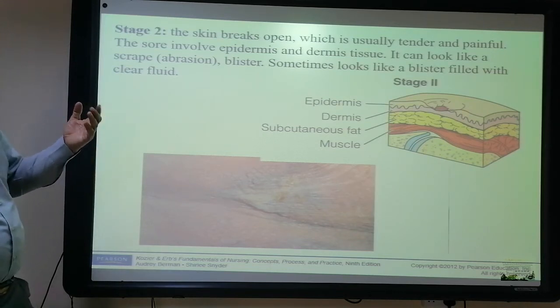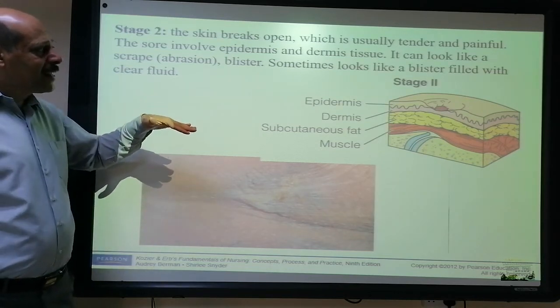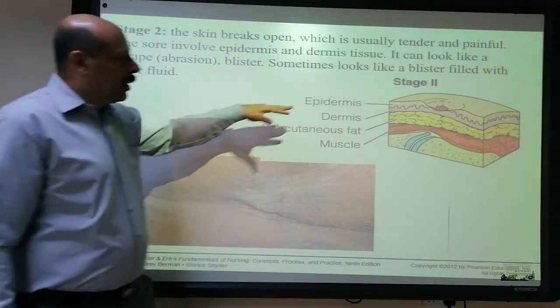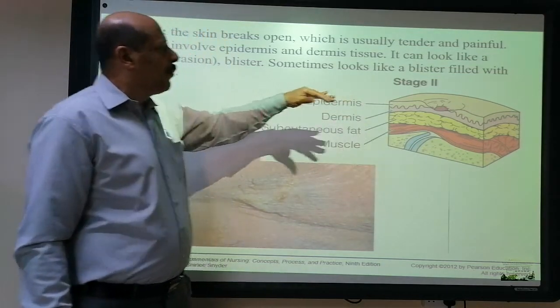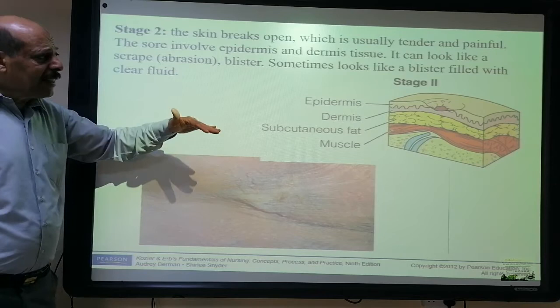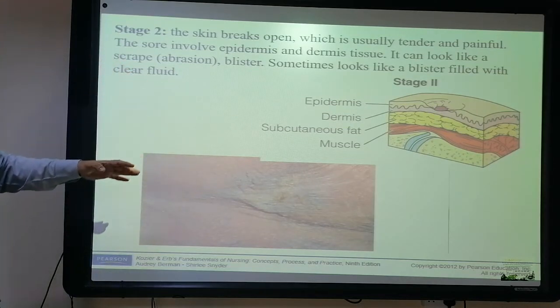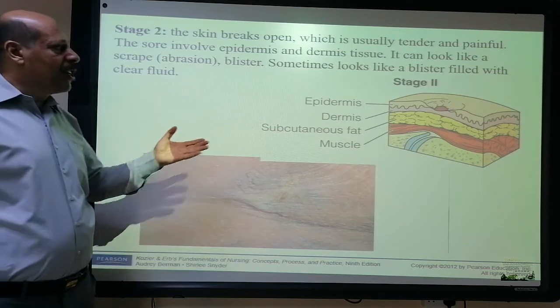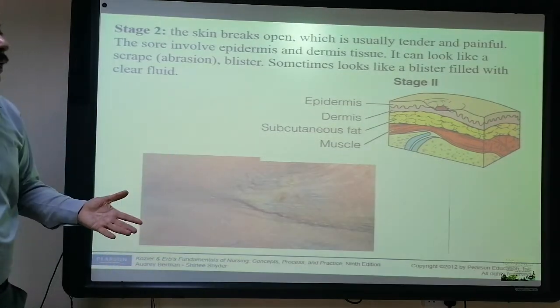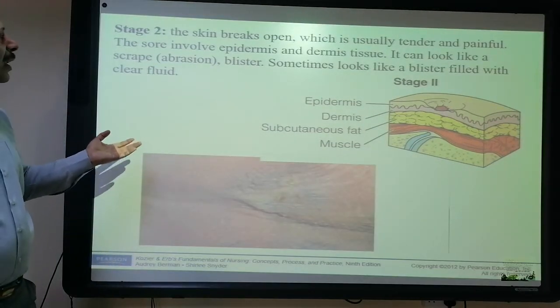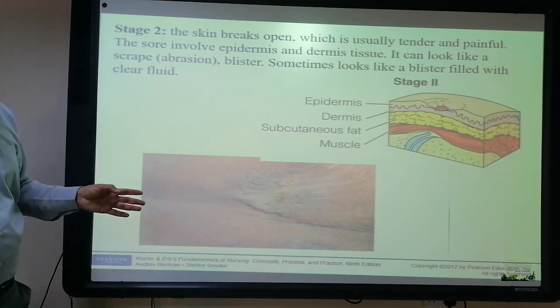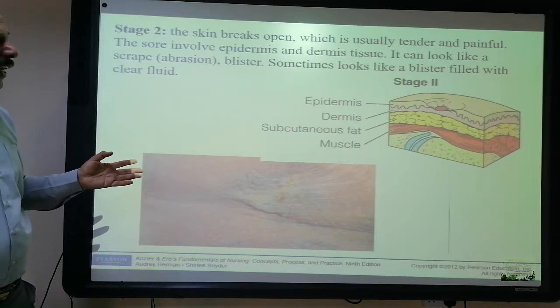The sore involves the epidermis and the dermis. It can look like a scrape or abrasion, or it might be a blister. Sometimes it looks like a blister filled with clear fluid, like in the case of a second-degree burn.